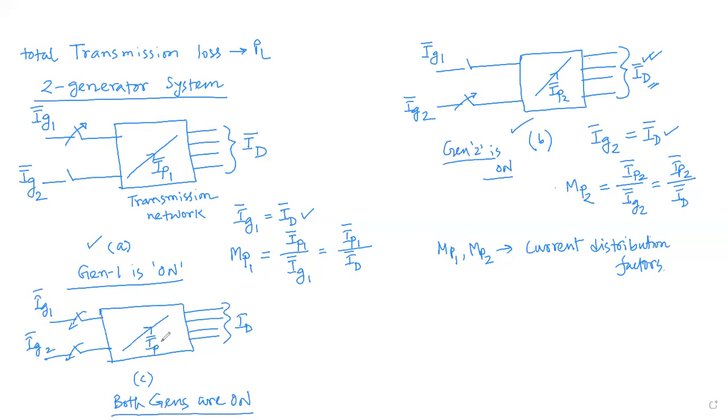Because this is superposition, IP should be IP1 plus IP2. This is the total current now flowing through the pth link. With both generators on, we should have IG1 plus IG2 equals ID.